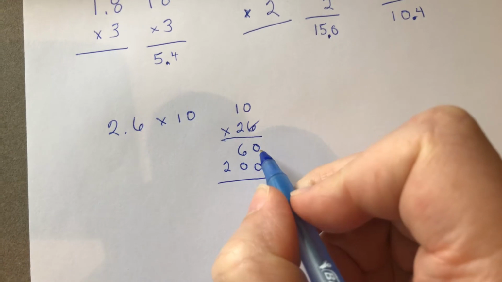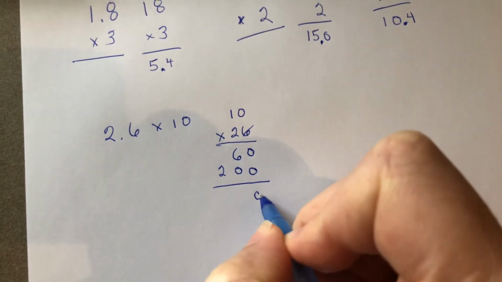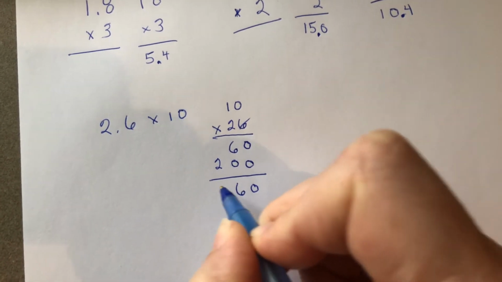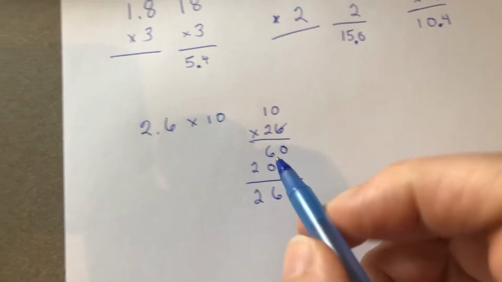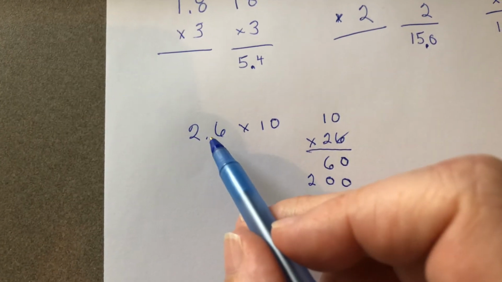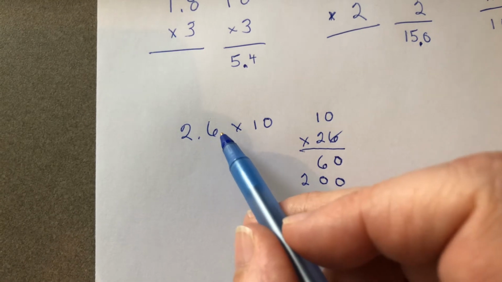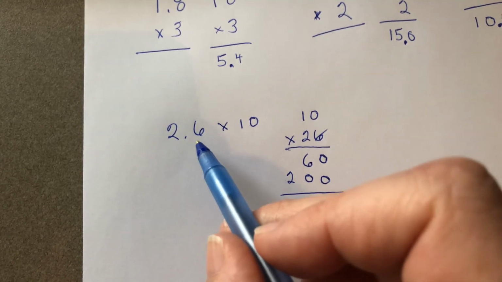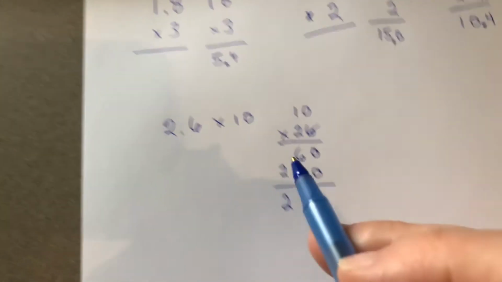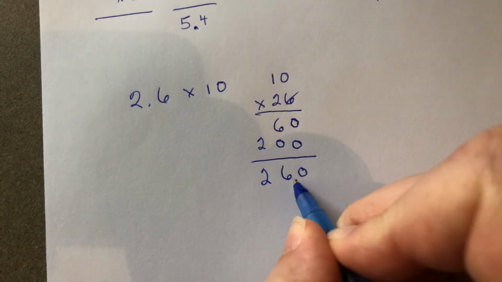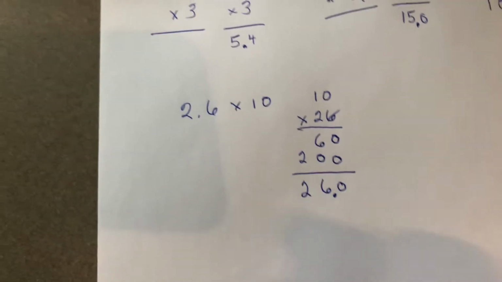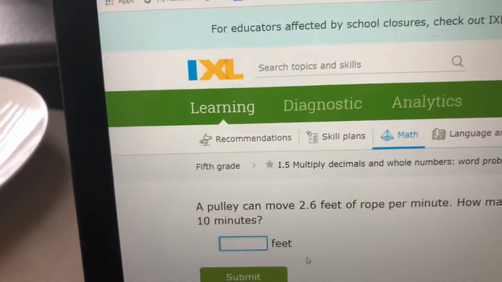Add up your partial products. 0, 6, 2. How many places to the right of the decimal? 1. Or how many numbers to the right of the decimal? 1. So you'll have the one number to the right of the decimal. So this will be 26 feet, 26.